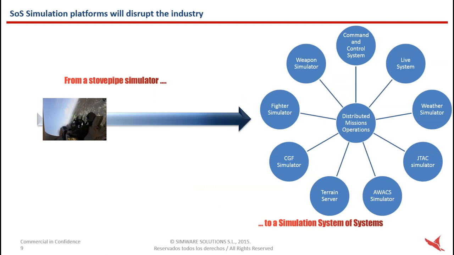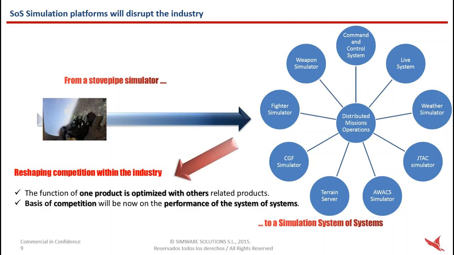Think about a future world of simulation, working in a system of systems federation. If we work in this environment, we will be changing the business rules, because the function of one product is going to be optimized by other systems located in the network.